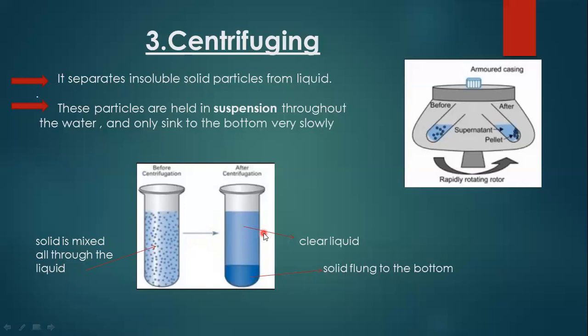This separation is basically on the basis of their densities. The dense particles, being denser, go to the bottom, and the clear liquid floats over it. So those were all the techniques we discussed so far that can be used for carrying out the separation of any insoluble solid particles from a liquid.